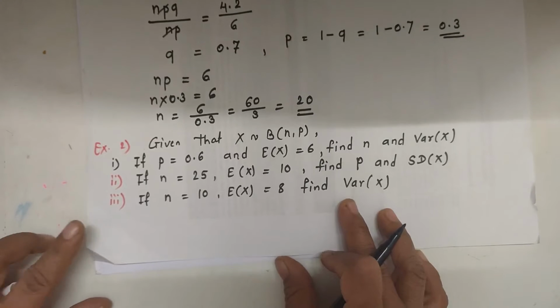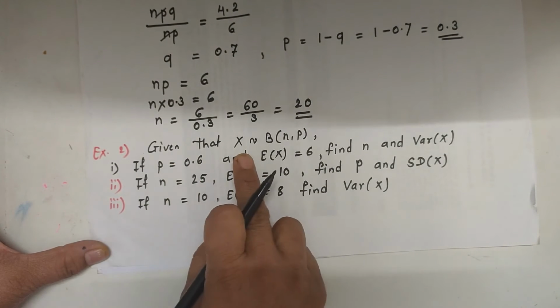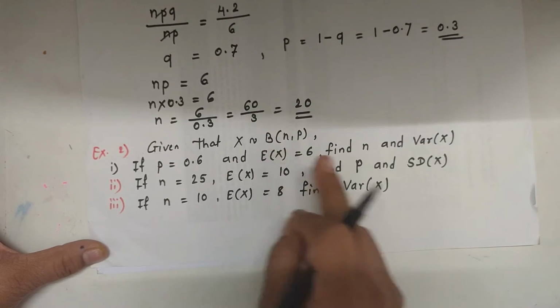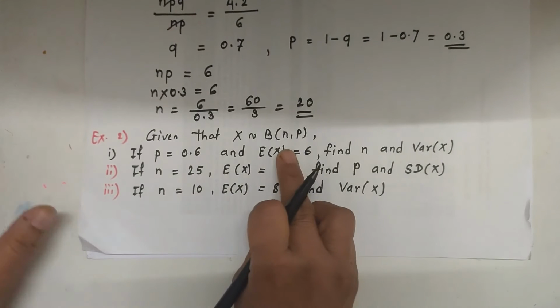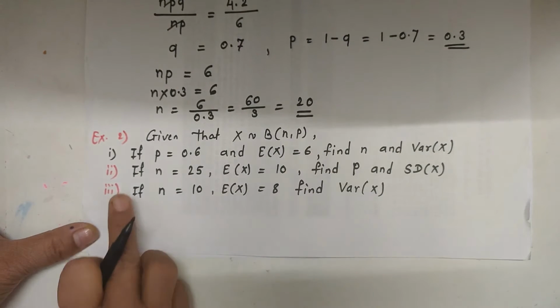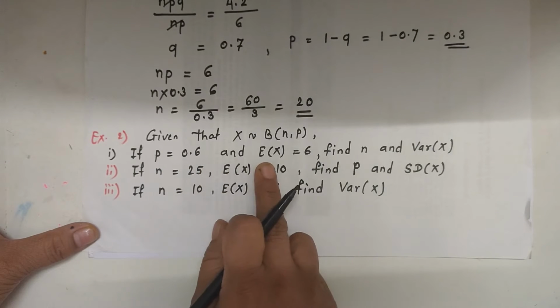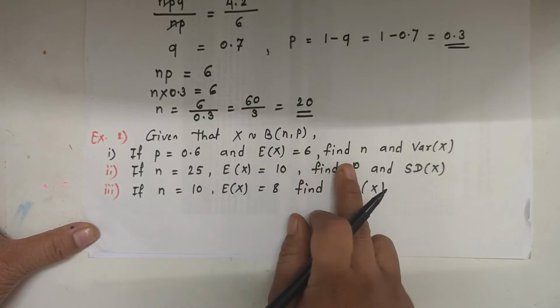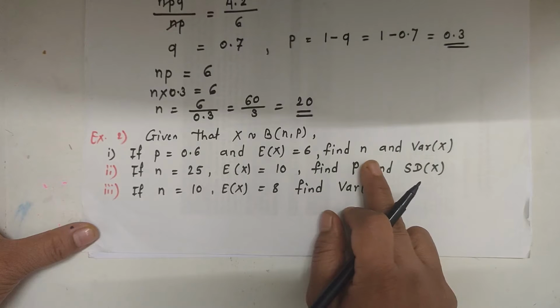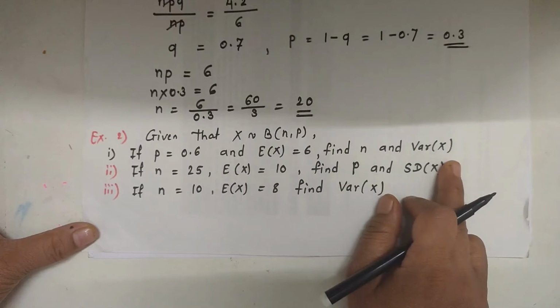Now the next example is, given that x follows binomial distribution with n and p. Here, if p is equal to 0.6 and E of x is equal to 6, find the value of n and variance of x.